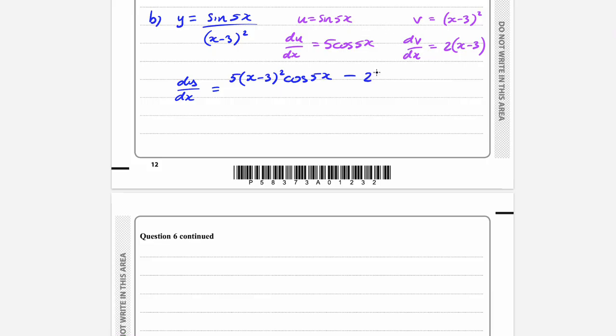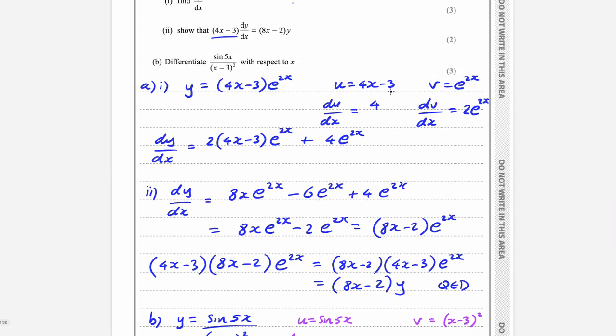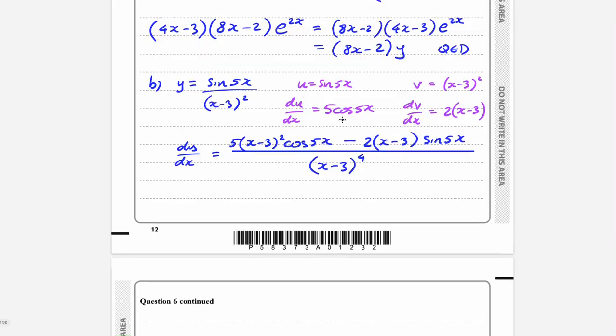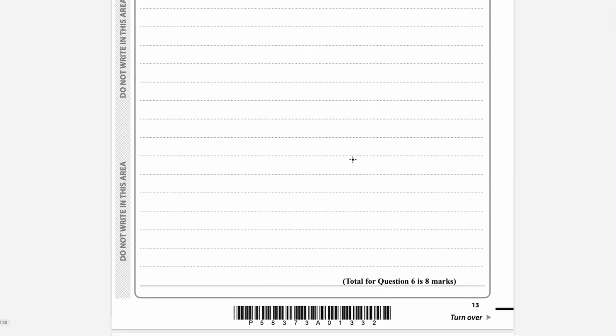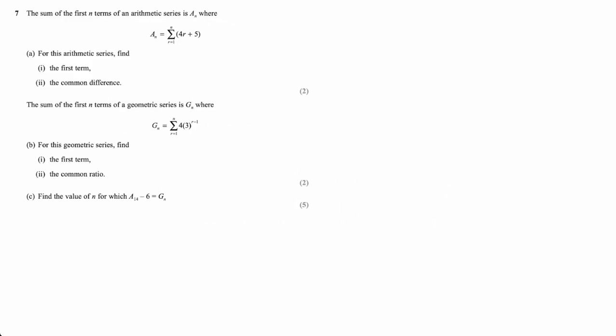If you're okay, guys, I'll do that. u dv/dx, yeah, that is this. So this minus this times this sine 5x, all over v squared, which is x minus 3 squared squared, which is to the power of 4. Be careful. Now, I think that's it, guys, because he doesn't say in any particular form. So we're good.